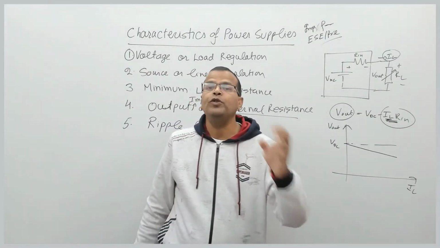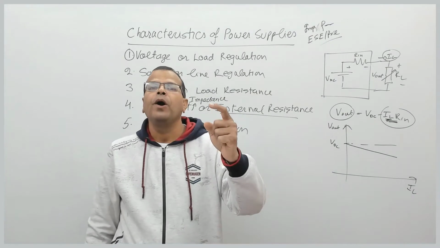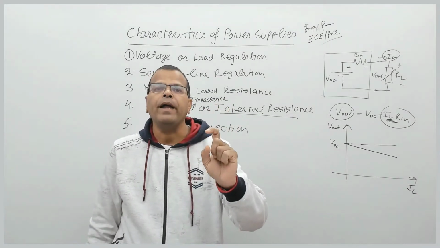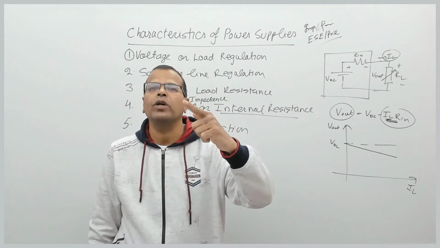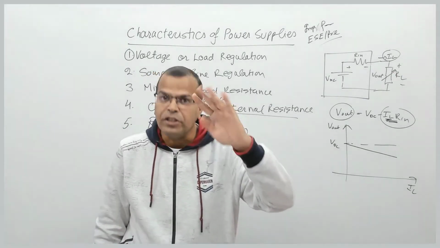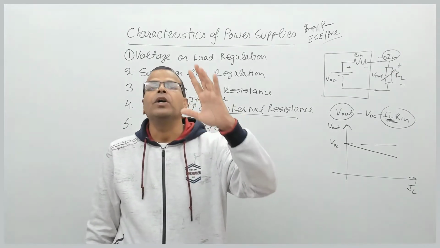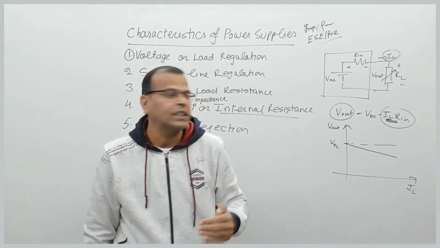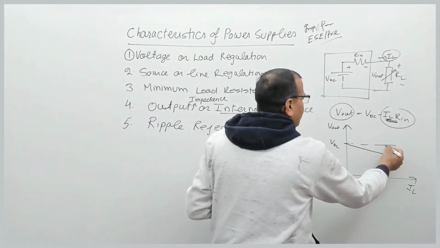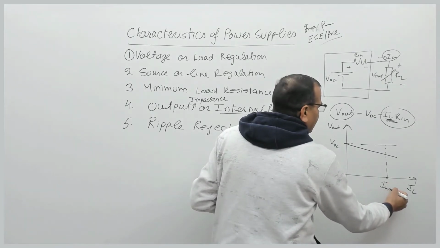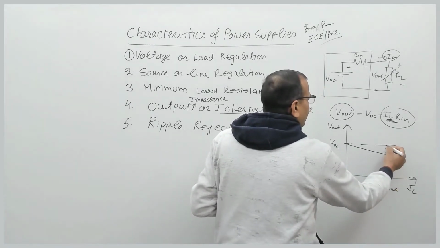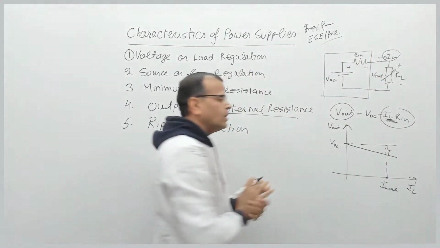Right? So output voltage of the power supply decreases with increase in load current or with decrease in load resistance. Suppose I have some rated current, that is I load full, that is rated load current, then I have certain voltage drop across this.